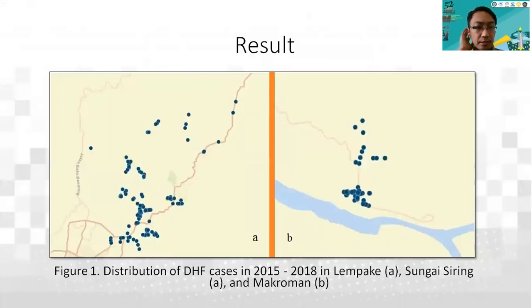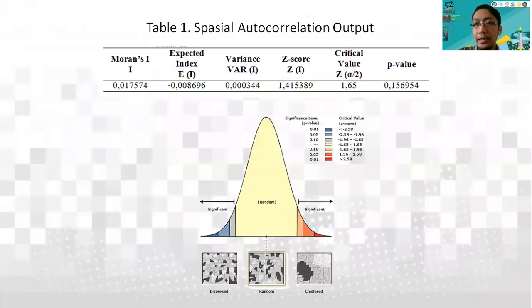You can look at figure 1, the distribution of DHF cases in 2015 to 2018 in Lempake, figure A, Sungai Siring, figure A, and Makroman, figure B. And then table 1, spatial autocorrelation output. You can look at this table.